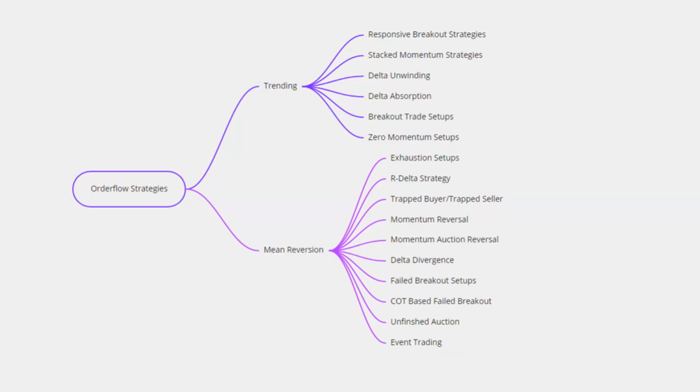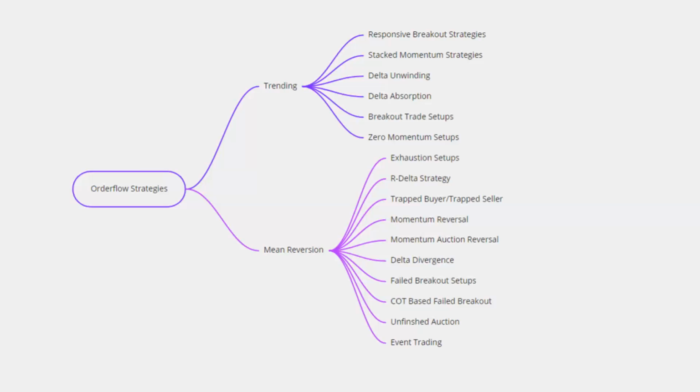And there are also COT based failed breakout strategies. We not only trade the successful breakout, we also trade the breakout failures. Where to trade the successful breakouts and where to trade the breakout failures, order flow provides a better example of that. And then there are other concepts like unfinished auction and uneven trades, especially how you have to position yourself.